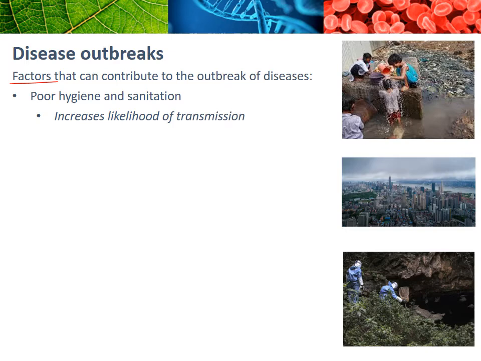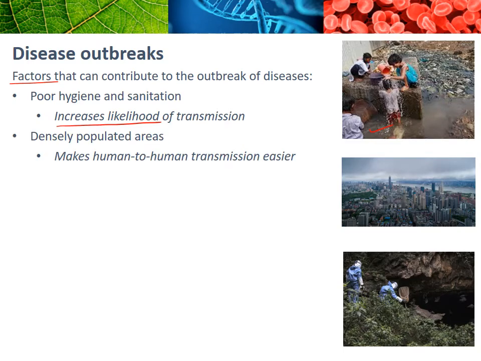This is a huge issue around the world. We're extremely lucky in Australia that it's not an issue here. But if you're doing health and human development, you know all about this. Having poor hygiene, unsafe water, and a lack of garbage disposal all increase the likelihood of diseases being transmitted.